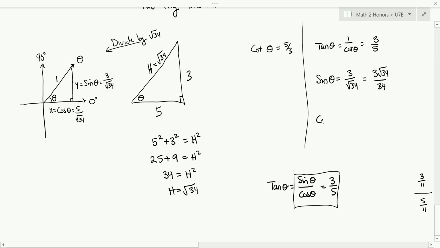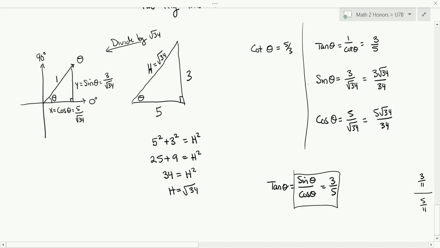And the cosine is 5 over root 34, which is 5 root 34 over 34. I'm just multiplying the top and bottom of both of those fractions by root 34.